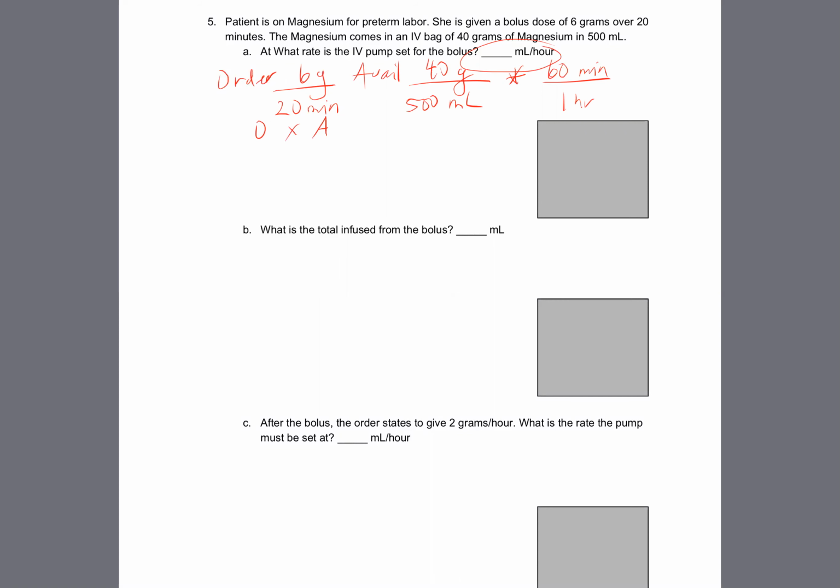So you have 6 grams over 20 minutes, 40 grams in the denominator, 500 mLs in the numerator, so the gram units cancel. Remember that there's 60 minutes, so the minutes units cancel, 1 hour in the denominator, and you're left with mLs per hour. So doing all this math, you get 225 mLs per hour.